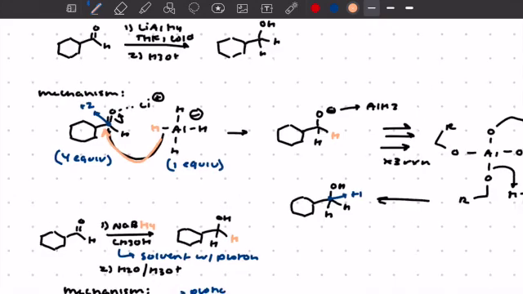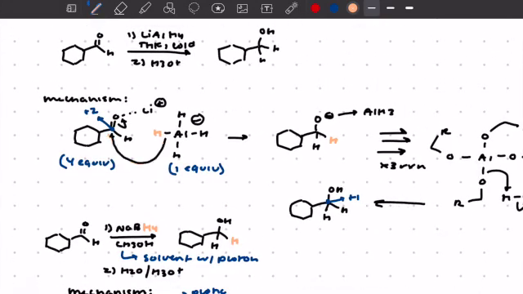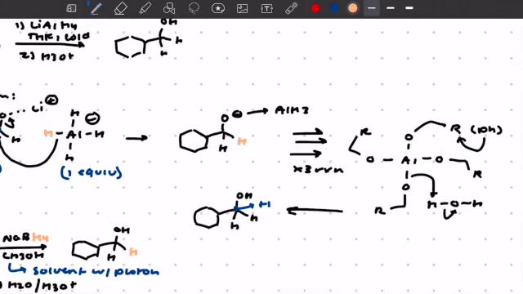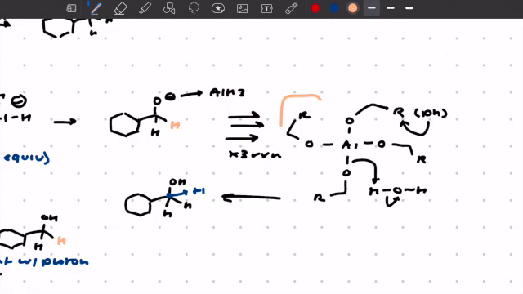This is going to open up the oxygen and create this sort of ion that is going to be associated with the aluminum hydride. You can see here it sort of looks something like this. This reaction will actually happen 3 more times in order to stabilize the aluminum. And I'll leave that on there so you guys can see where we started from.